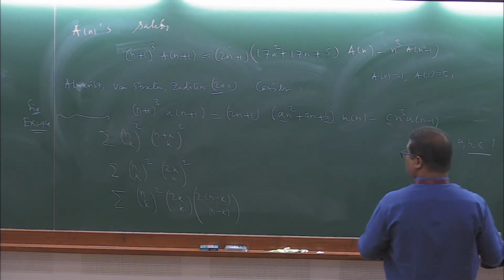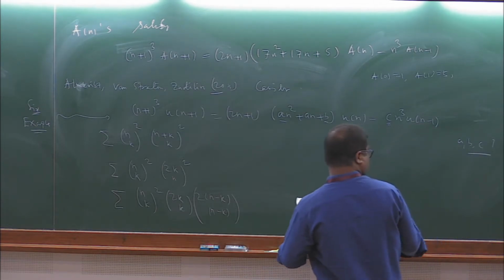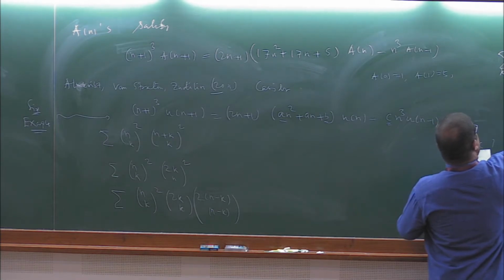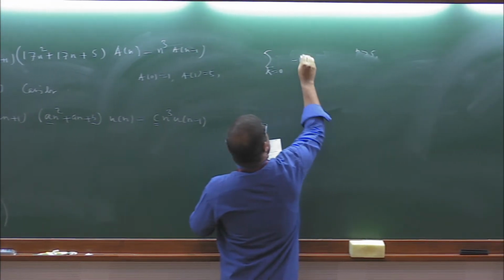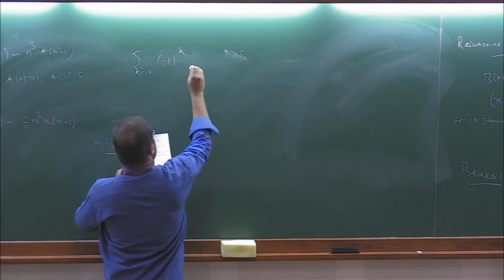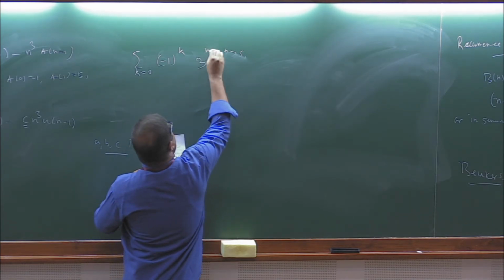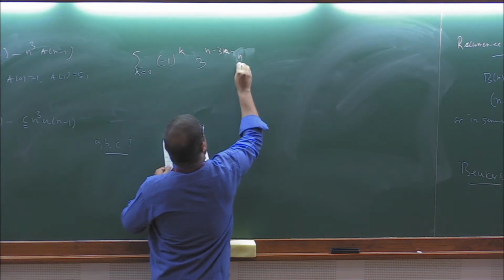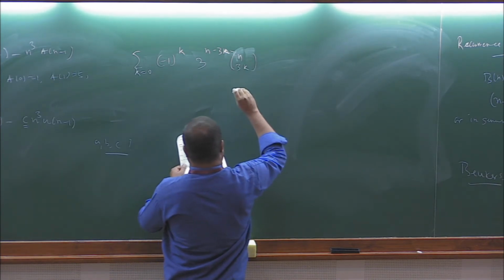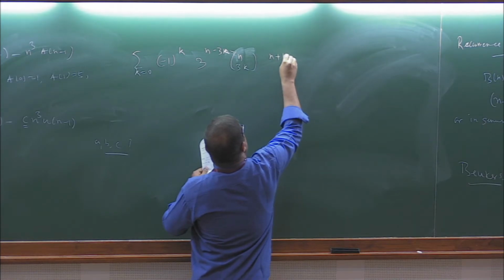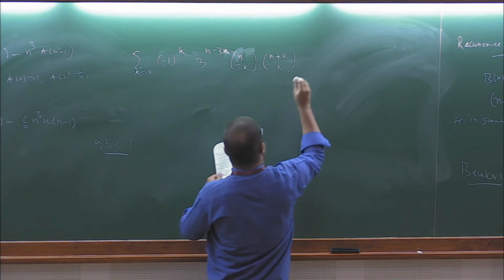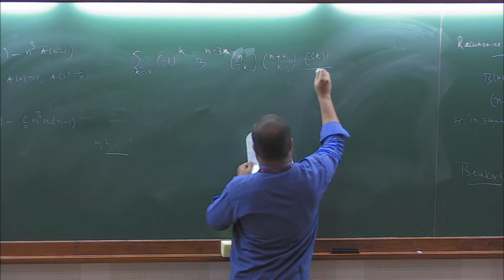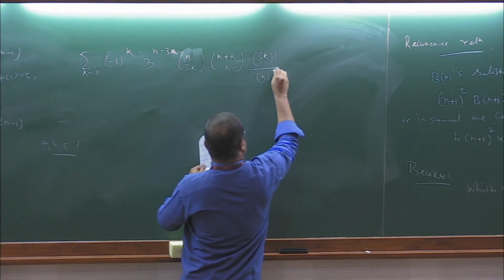And let me tell about these numbers. The sum from 0 to n, n choose k, with the terms 3n minus 3k, n plus k choose k, 3k factorial over k factorial cubed.